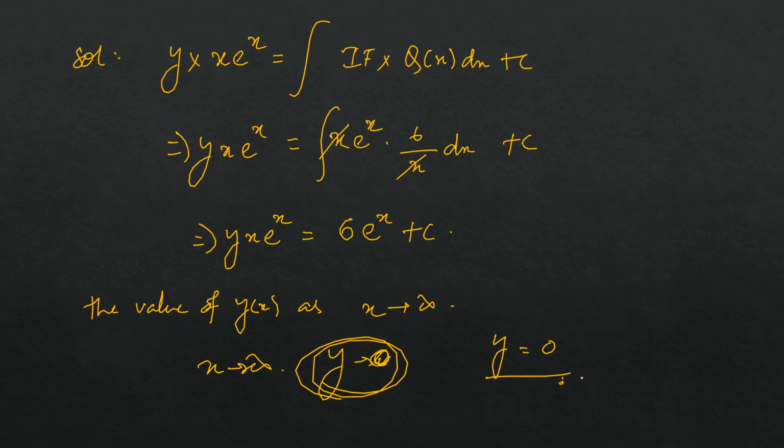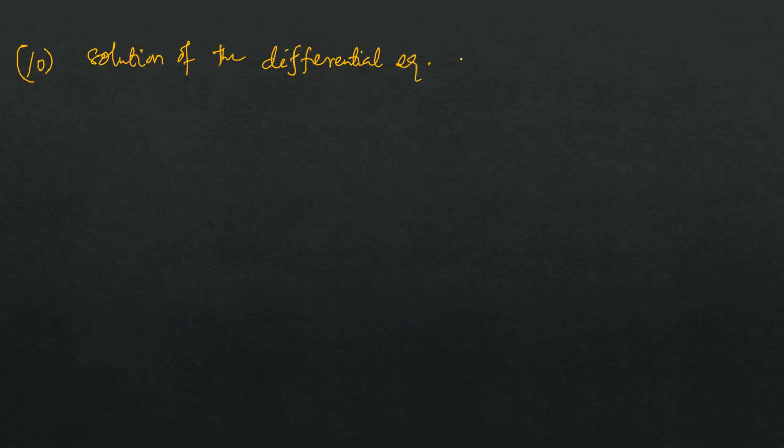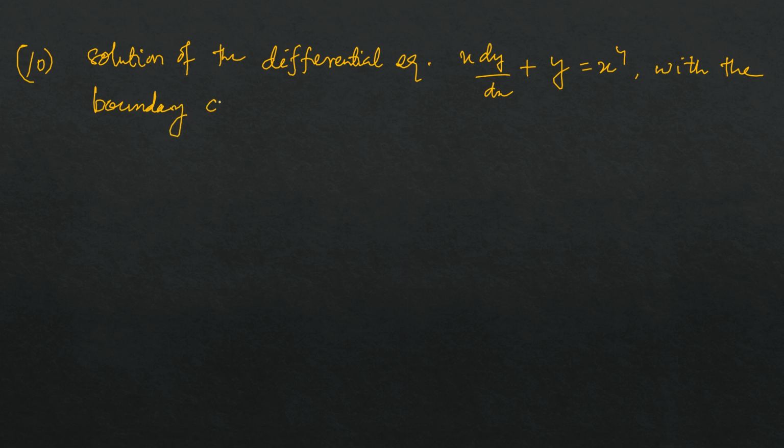Okay. Another question, number 10. Last question of this one. Solution of the differential equation x dy/dx + y = x to the power 4, with the boundary condition that y = 1 at x = 1.